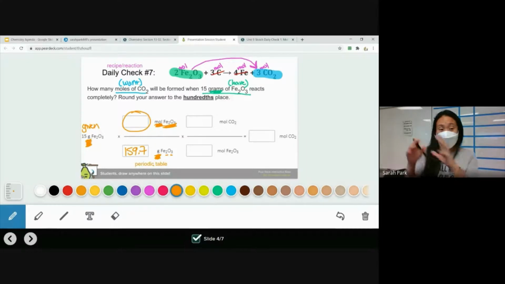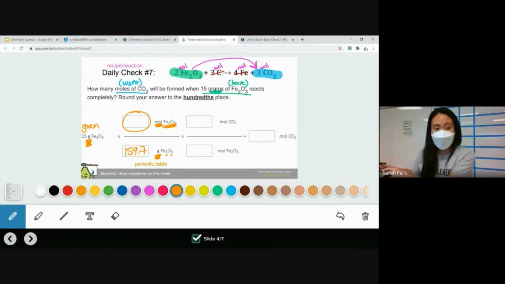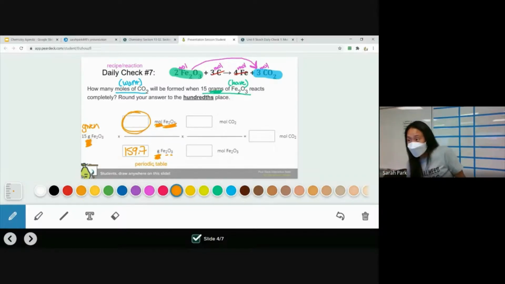How many iron oxides weigh 159.7 grams? Like how many compounds do we add up together to get 159.7? Oh, not 15. I'm saying how many iron oxides weigh 159.7?